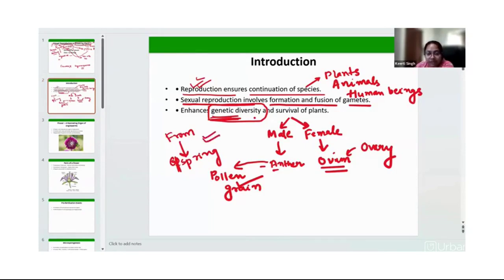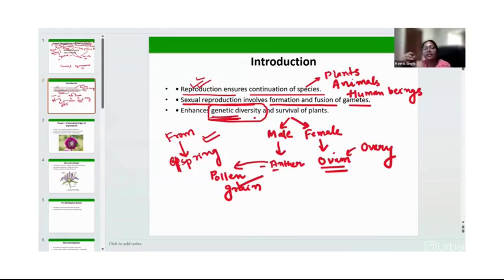For example, in human beings, as a child we are not the same as our parents. Of course, we have a different identity. Some things remain unchanged: since we are human beings, physically we are the same, having two hands, two legs, two eyes.